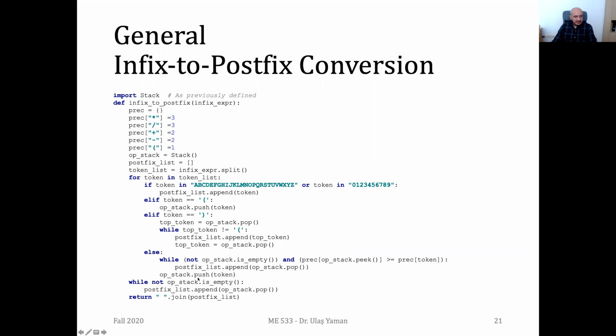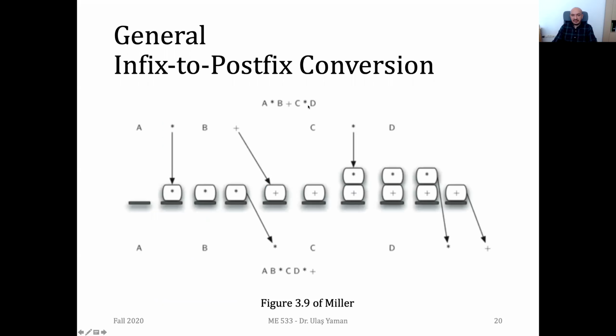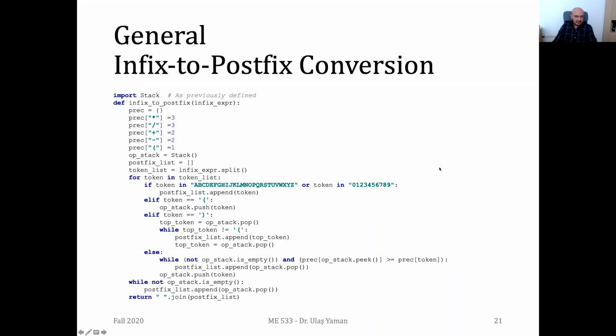This is how we run the for loop. Once we have finished scanning all the operands and operators in our list, if the stack is not empty, then you should do this popping operation. The popping operation is here, these two expressions.